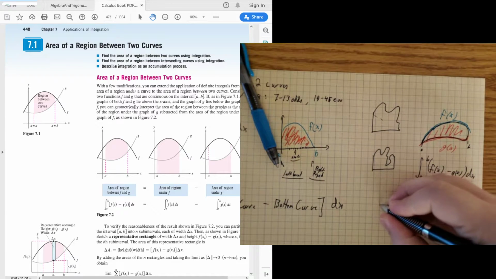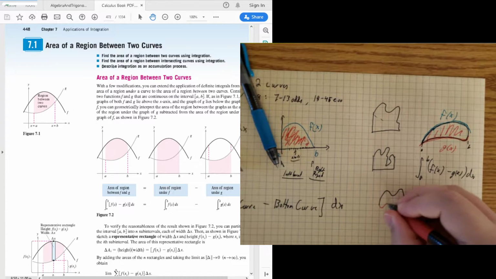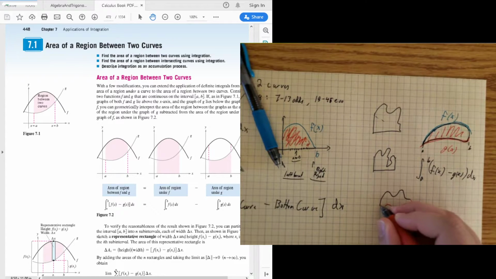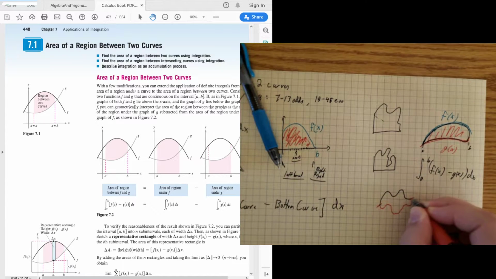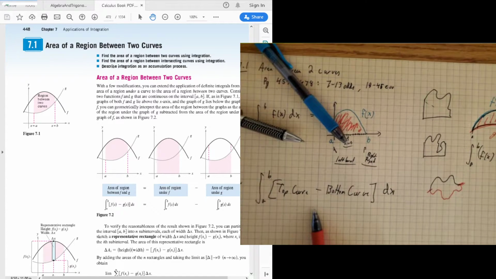Meaning I could have a shape where the top is funky and the bottom has its own funky. And we can figure out the area by saying, let's just have the top do one calculation and then have the bottom do a different calculation and then subtract those.